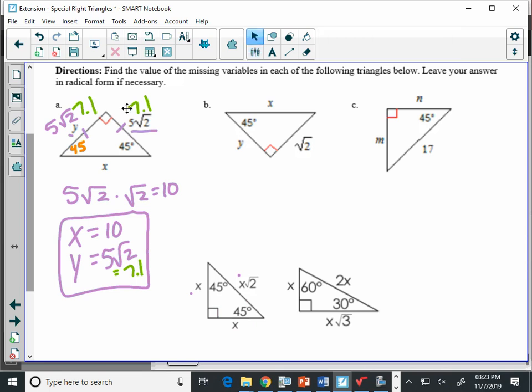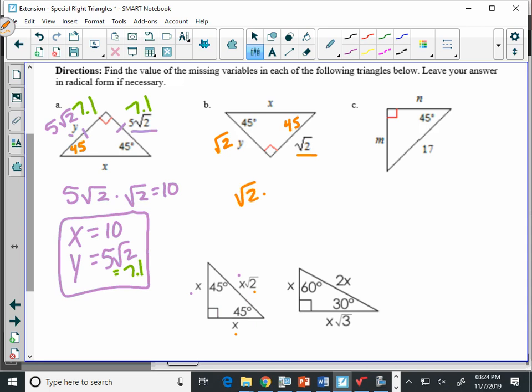Okay. So here if we look at B, I know I have a 45, 45, 90 right triangle. My legs are the same. This leg is radical 2, so that leg is going to be radical 2. To go from leg to hypotenuse, we multiply by radical 2.